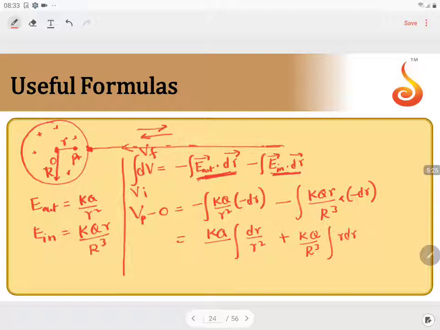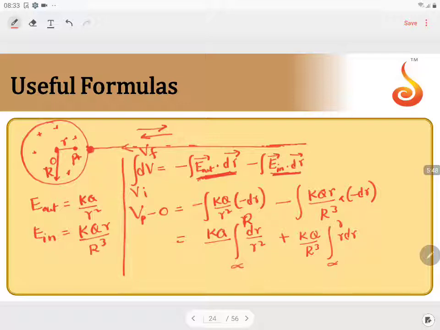So what are the limits here? Since this is the electric field outside, the limits are infinity to capital R. First we bring the unit positive charge from infinity to this surface.